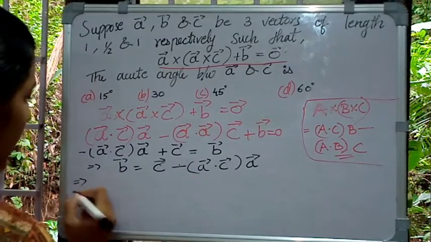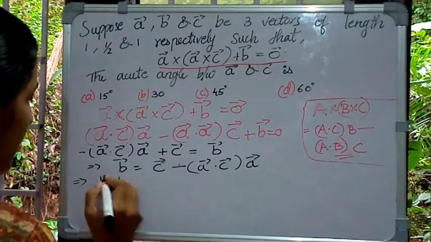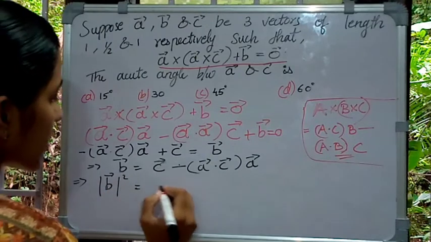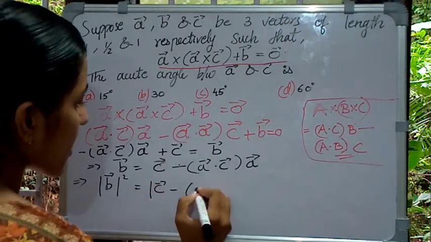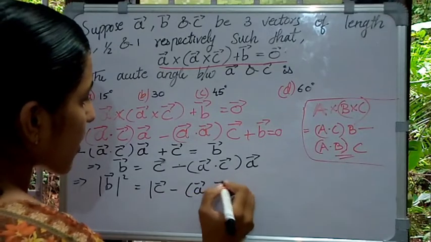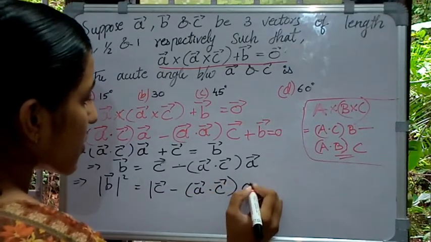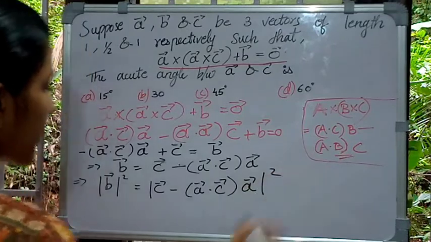So on squaring it, we get vector B whole square equal to (vector C minus (vector A dot vector C) into A) whole square.